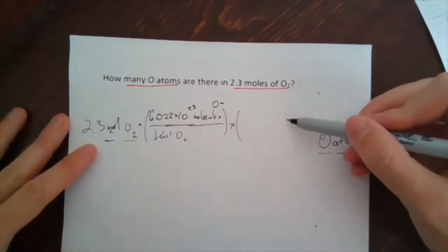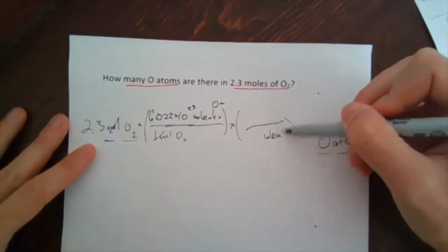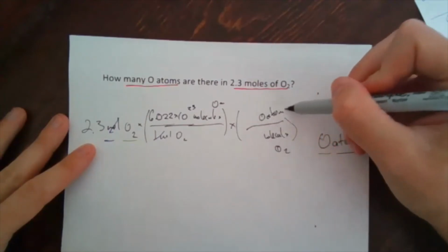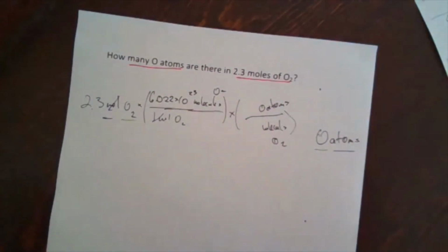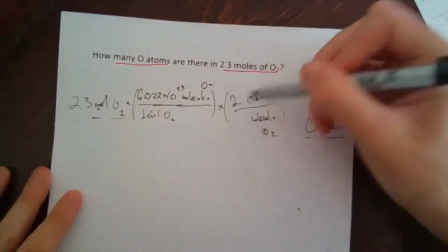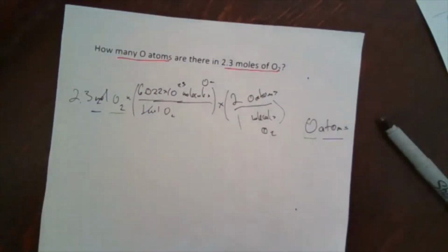So now I need to take care of the fact that I want to go from molecules of O2 to O atoms. And I know that it's going to be 2 O atoms for every 1 molecule. Right?